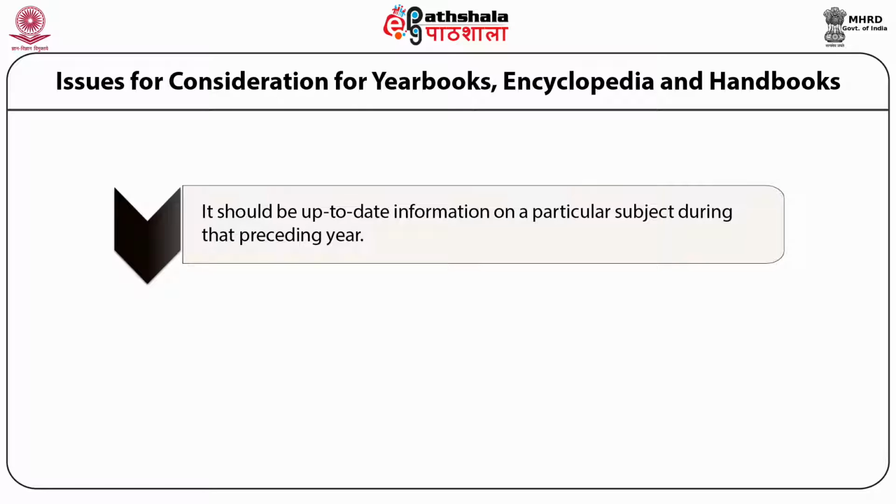If the information is not updated and the new version is brought out without containing an updation of the information or developments which have taken place in that subject during the preceding year, it will serve no purpose.